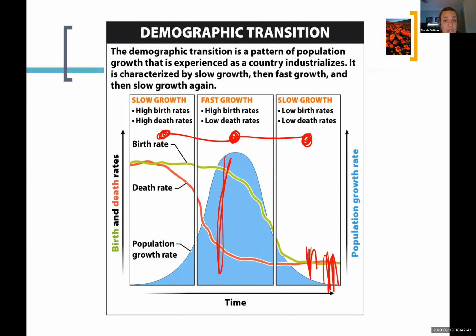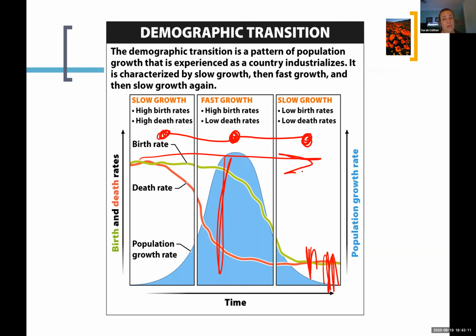So that's demographic transition, right? Some places in the world are not as far along in this process. The death rates are starting to go down, but the birth rates haven't caught up or slowed down with them yet. And so you have these areas with really high, really fast population growth, right?